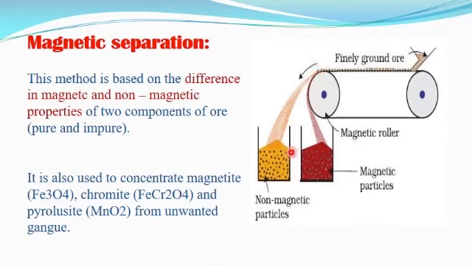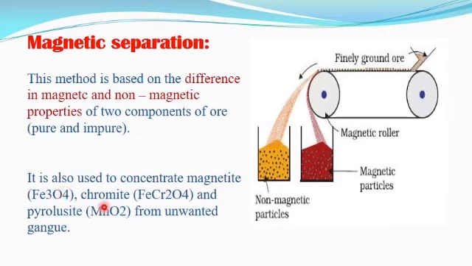Like this you will get two separate heaps of magnetic and non-magnetic particles, and this method is mainly used for separating magnetic or non-magnetic impurities from the ores.